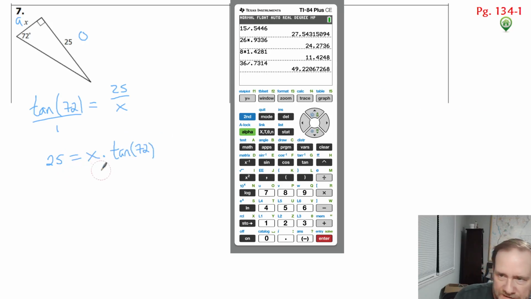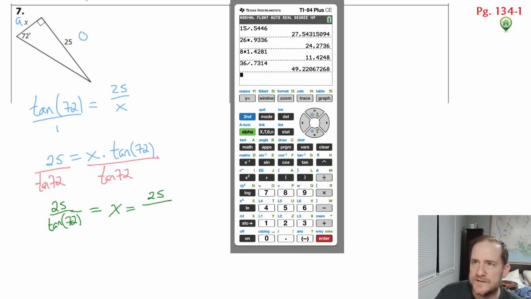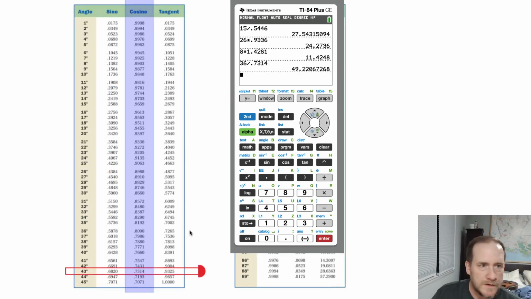So that means to get x alone, you've got to divide both sides by the tangent of 72. And that's going to give you an x that equals 25 divided by the tangent of 72, which means we get 25 divided by, let's go find the tangent of 72.